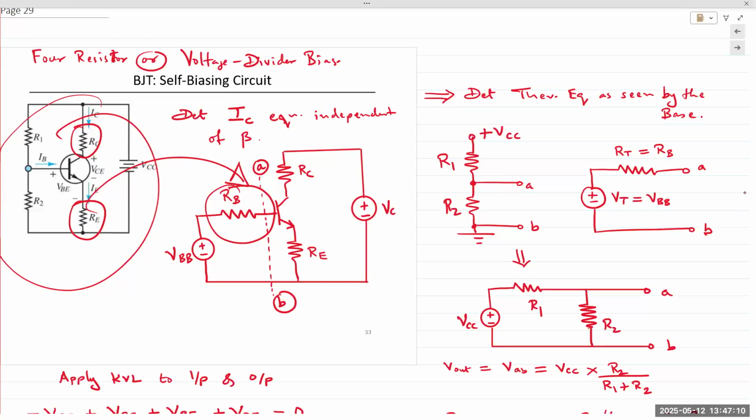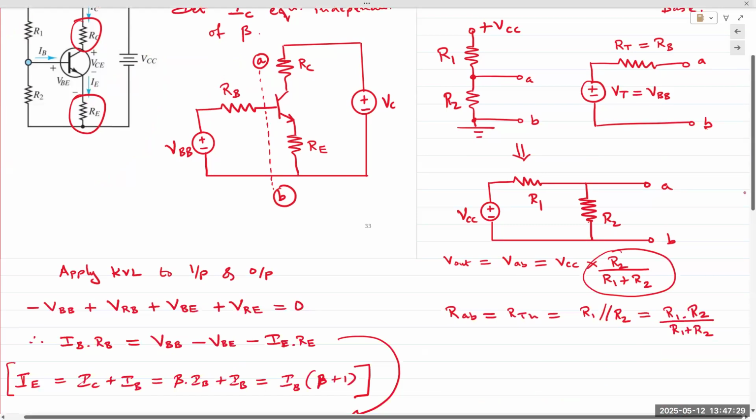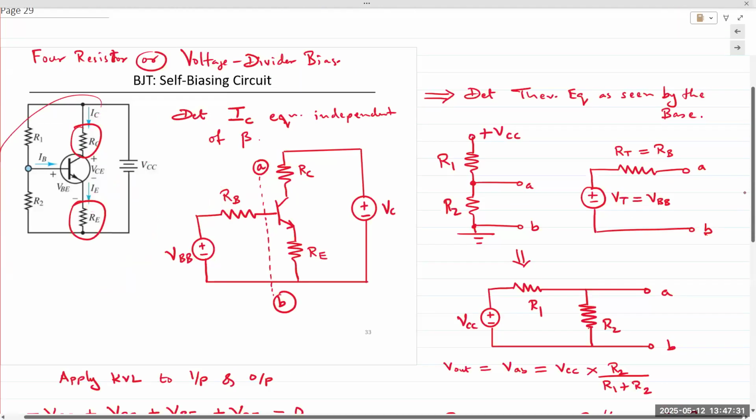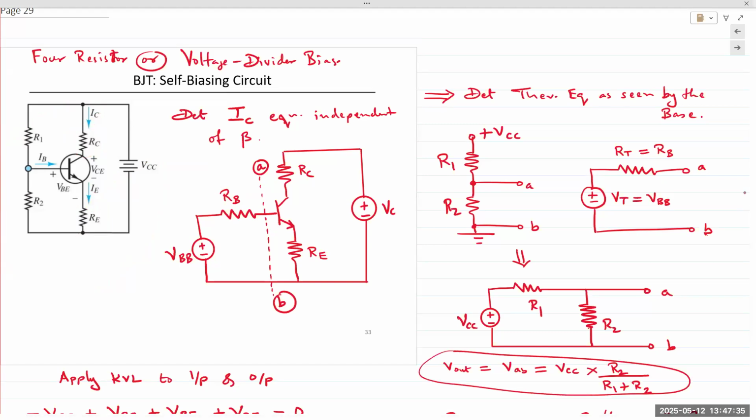Hence, we need to use a Thevenin equivalent circuit. We need to apply Thevenin's theorem to the input side and obtain RB, the value of this resistor, and the value of VBB. VBB is the voltage that's going into the base.